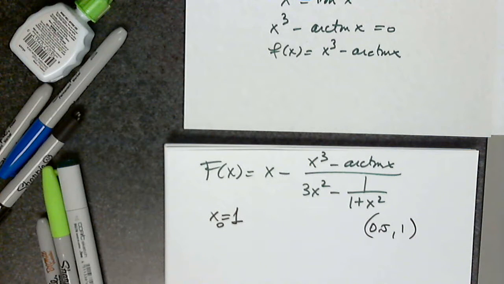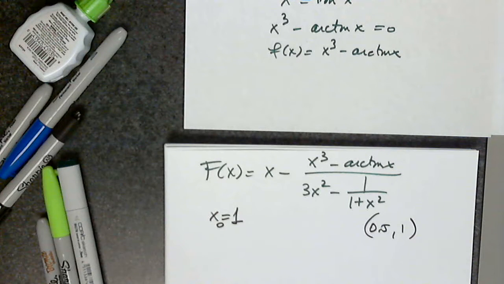That's my function, x cubed minus tangent inverse, in parentheses, divided by, in parentheses, 3x squared minus, in parentheses, be very careful with this, 1 divided by, in parentheses again, 1 plus x squared. Close the parenthesis for the denominator, close the parenthesis for the fraction, and then I need one more.